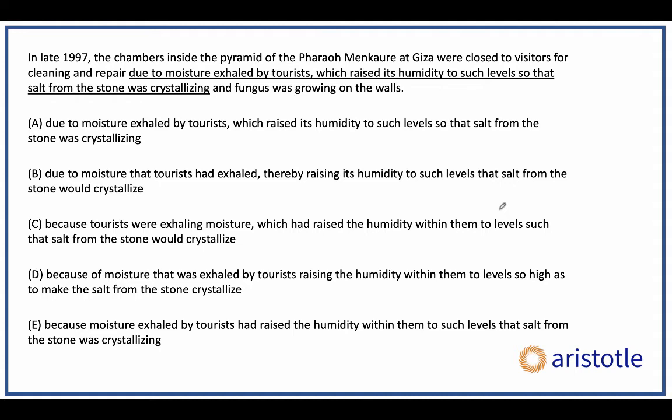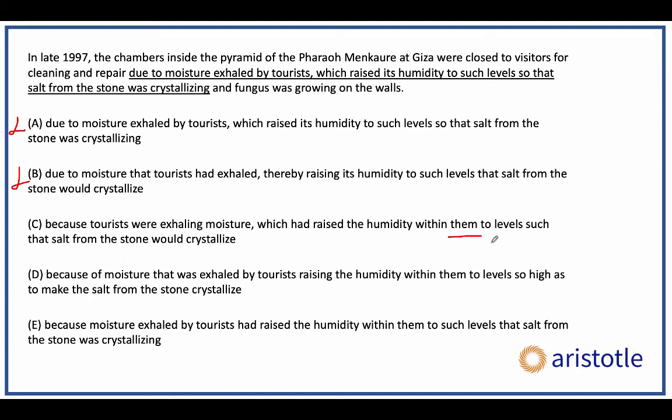So without going too much into the details, if you've gone through the SC Grail or any of our previous videos, you know that between due to and because, we've absolutely categorically said never go with due to, for reasons I'm not going to go into right now, but you know them if you've gone through the book. So A and B, I'm not even bothering. I come down to C, D and E, and let's say I'm reading C. So because tourists were exhaling moisture which had raised the humidity within them to levels such that, when I started reading this sentence, I stopped at them.